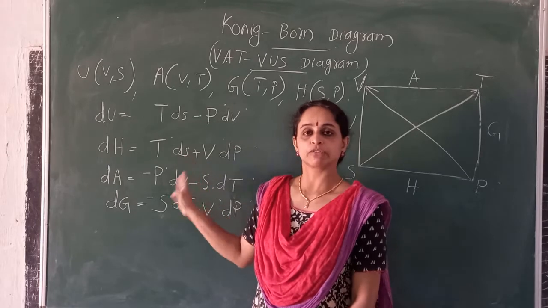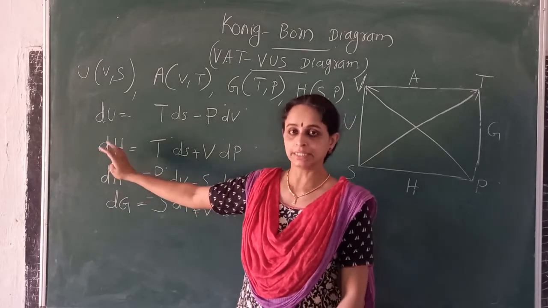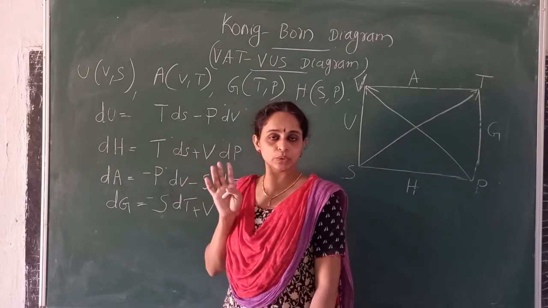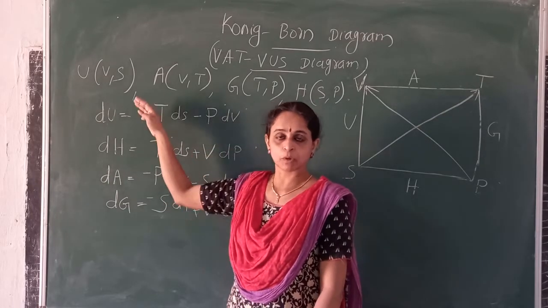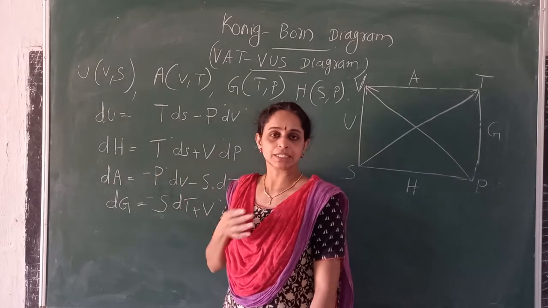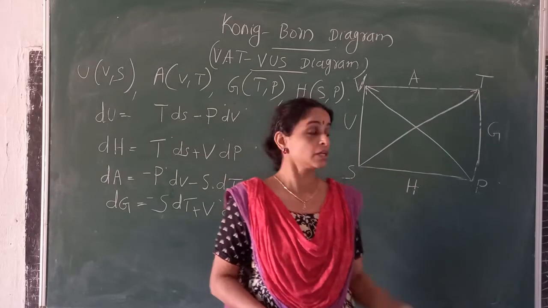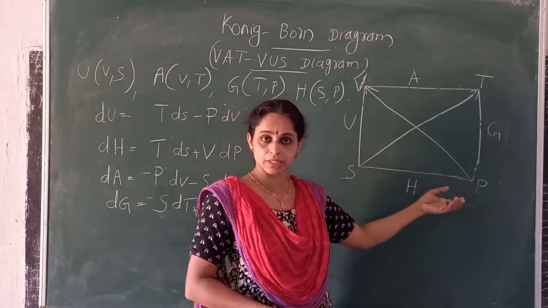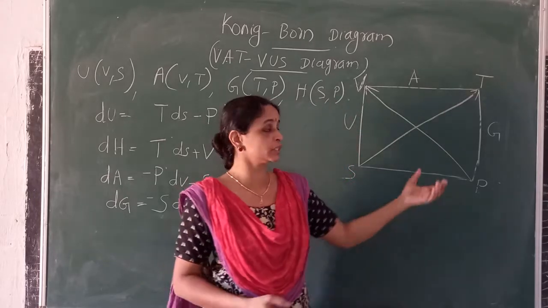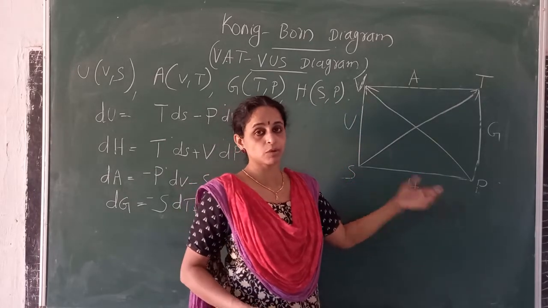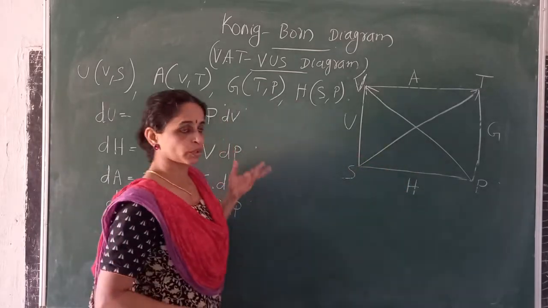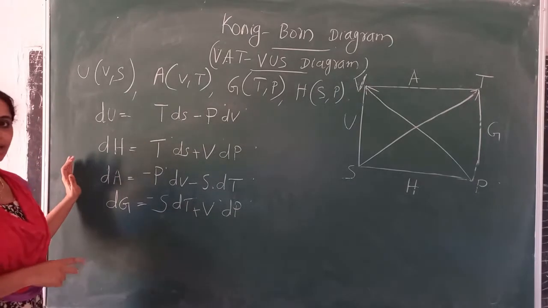So we have to differentiate H, then you will get dH, then differentiate U plus PV. Like that you should obtain the thermodynamic potential relations if a derivation is asked. Otherwise you can use this diagram directly. So this is one way to remember these potential relations.